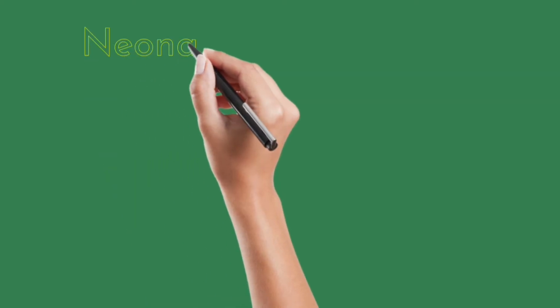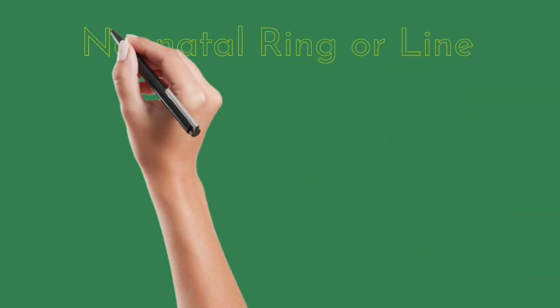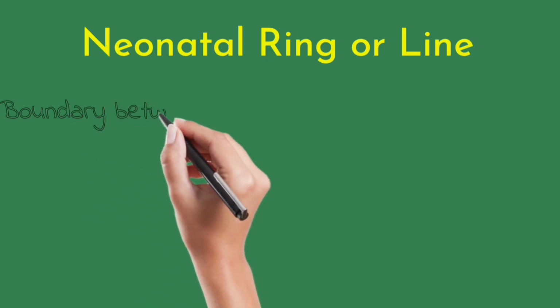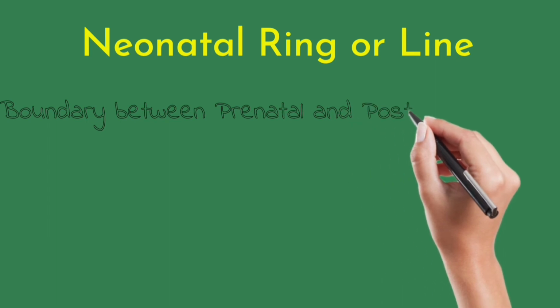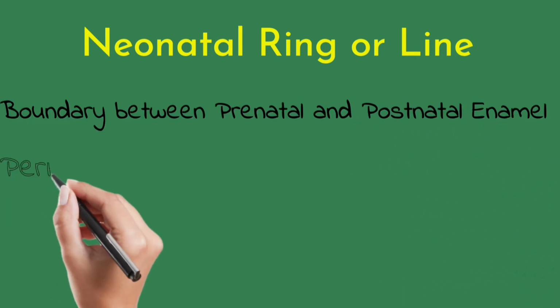Now we further move on to the very important next topic, that is, what are neonatal rings or lines? Friends, this topic is very frequently asked in the Viva and MCQs. So let's understand this topic. Neonatal rings are nothing but the boundary between the prenatal and the postnatal enamel. Okay.